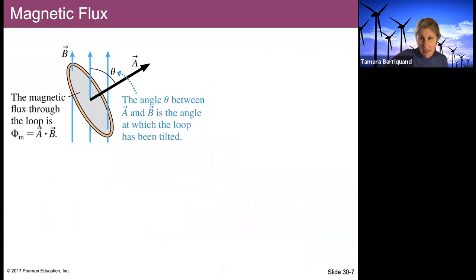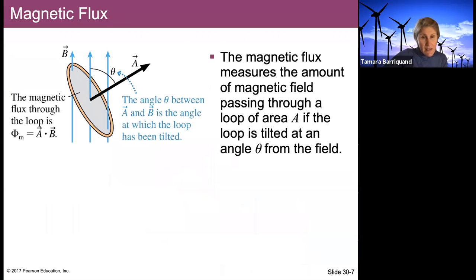Now let's look at this again. Here, the magnetic flux measures the amount of magnetic field passing through a loop of area A if the loop is tilted at an angle theta from the field. So here is our angle theta between the normal, our area vector A, and the field lines.